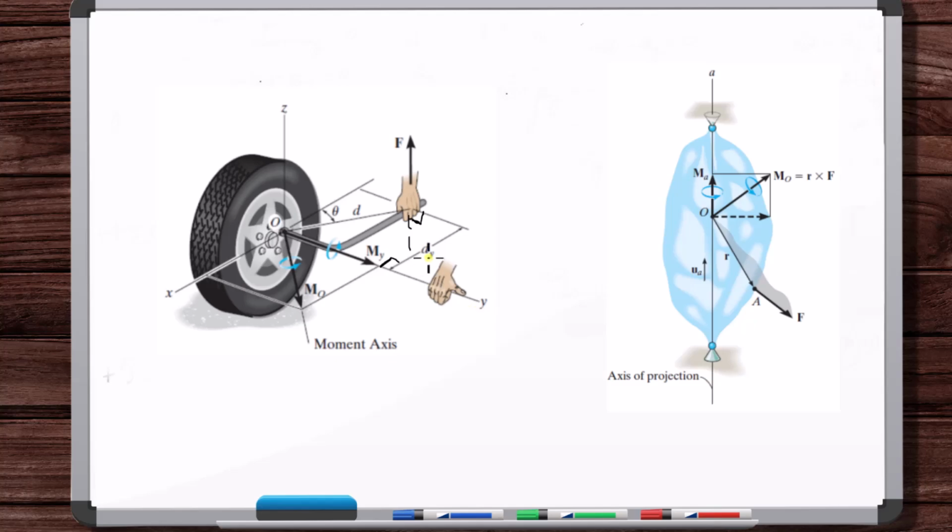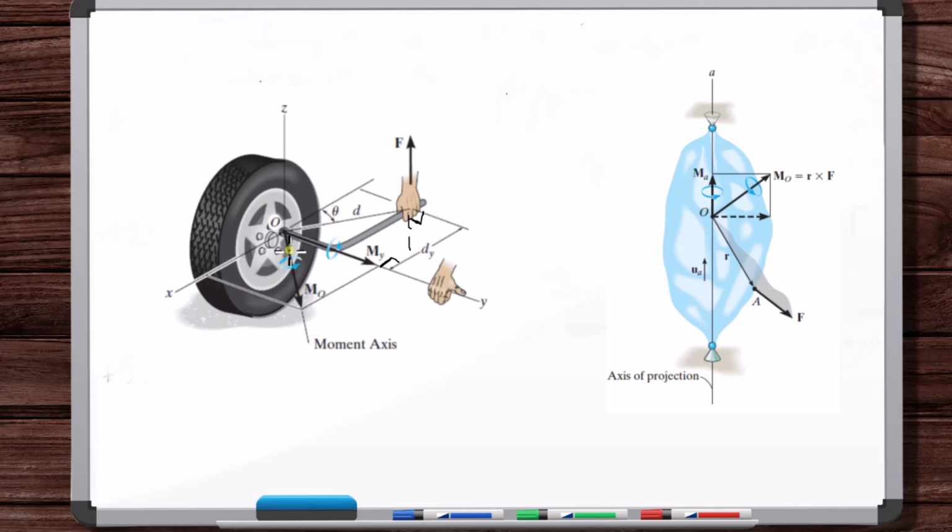You might have a vector that has a larger magnitude, but its angle relative to that axis is a bit larger, so the projection ends up being the same no matter what. And that's why a moment vector about an axis is a sliding vector.